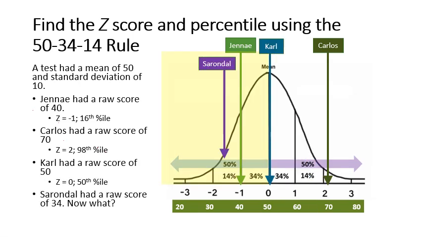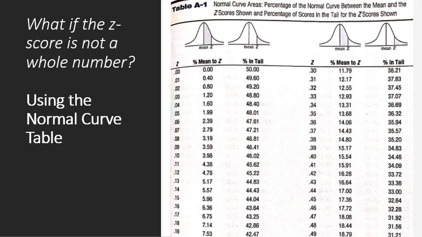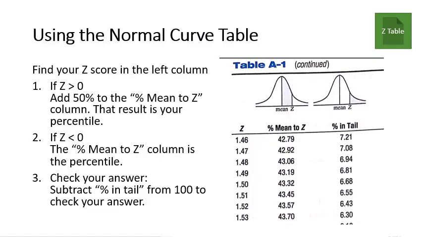So let's continue on. And in your book, this is how you'll see your textbook authors doing this. They'll be using some tables that are in the back of the book that necessitate that you look up the z-score, and then you calculate the difference from the mean to z and the percent in the tail, and it's just big tables that you look up. And in the old days, that is how these things were done. You might look up a z-score, for example, of 1.46, and you know where that would fall.